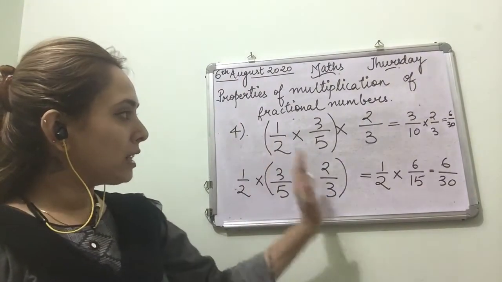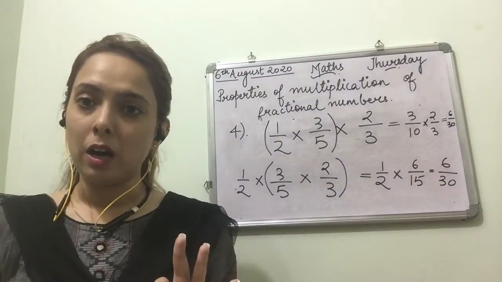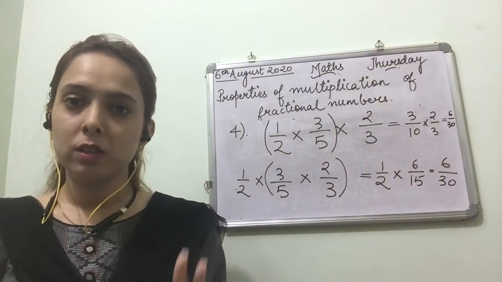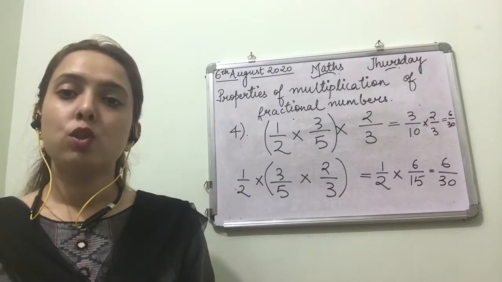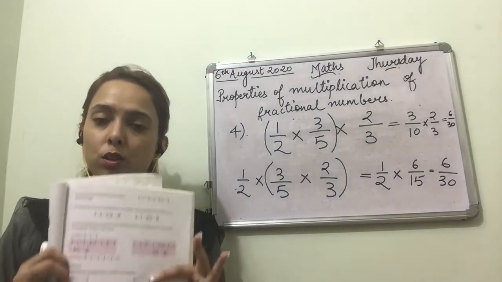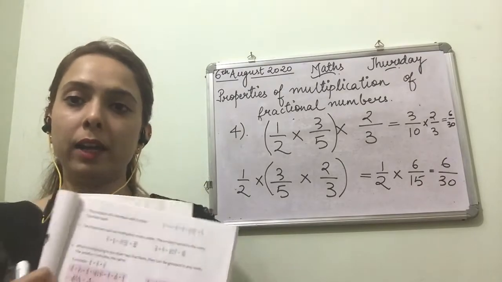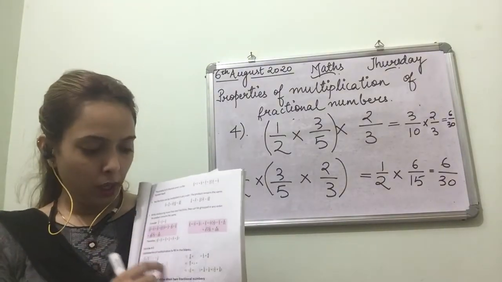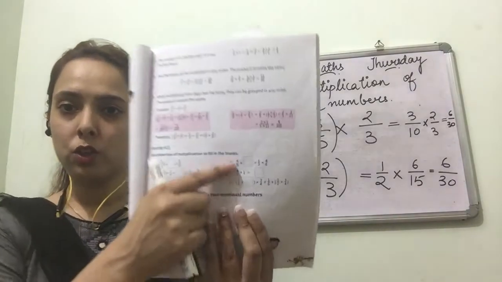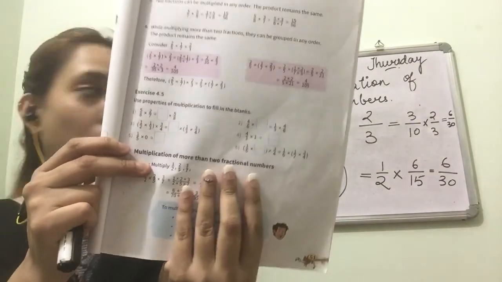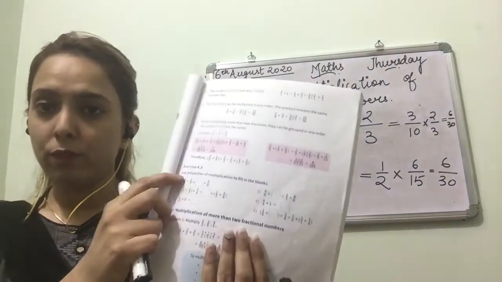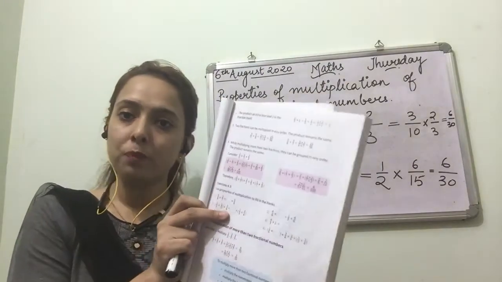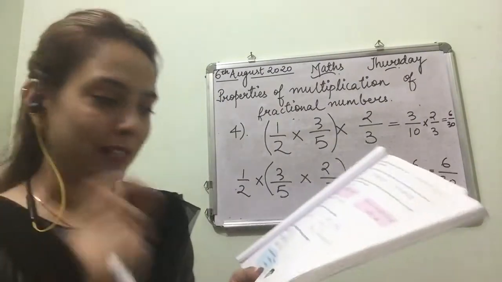As you can see, your answers are same, the product is same. So these four properties you have to learn, and with the help of these properties only you will solve all the questions of your exercise 4.5 in your book, with your pencil.